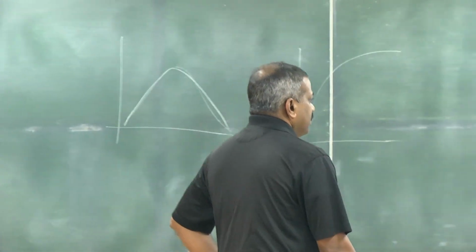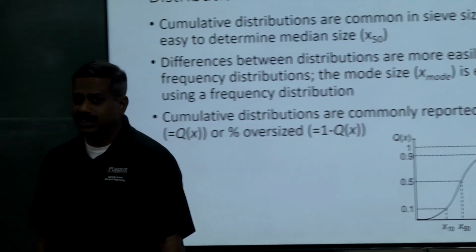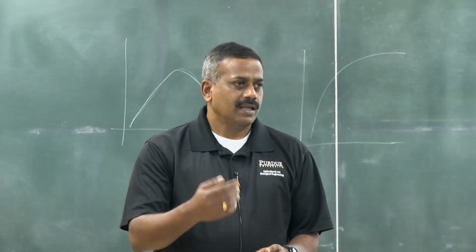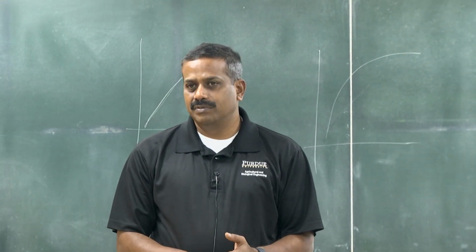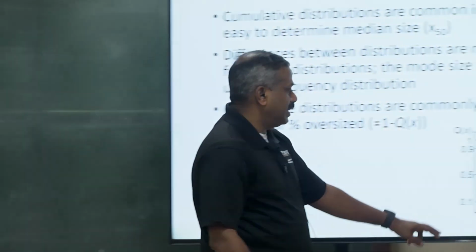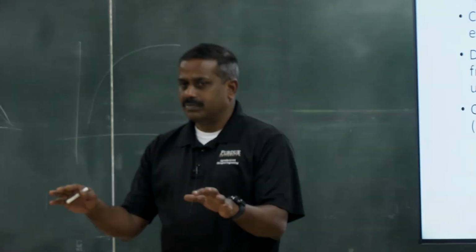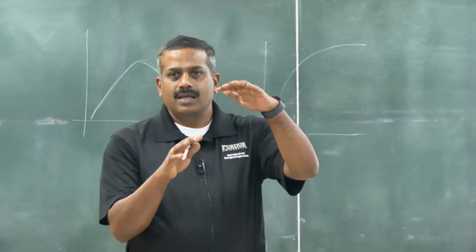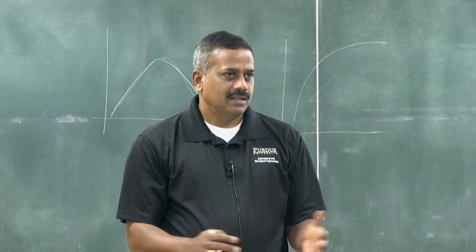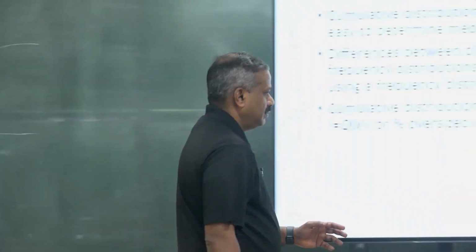With cumulative distributions, it's very easy to get the 10th percentile, 50th, or 90th; you would have seen D10, D50, D90, etc. When you are measuring particle sizes using any instrument, it usually gives D10, D50, D90, etc. That means 10% of particles will be in that range, 50, 90, and so on. D90 means almost 90% of the particles will be below that size, okay? That's the way we use cumulative distributions to get those sizes.